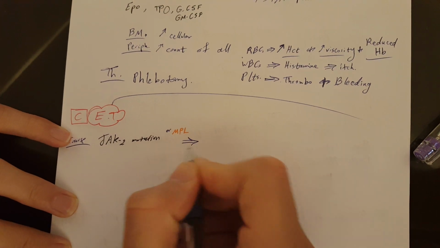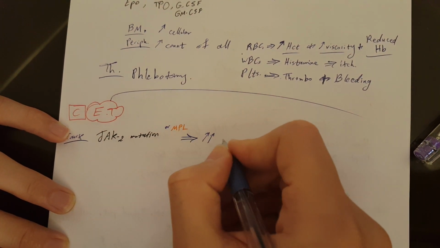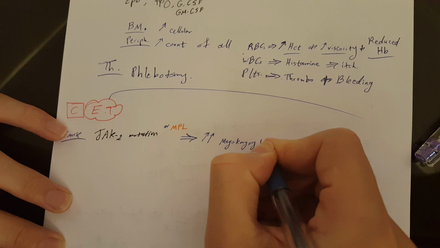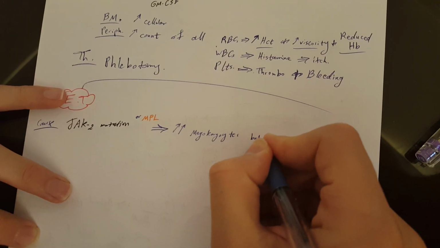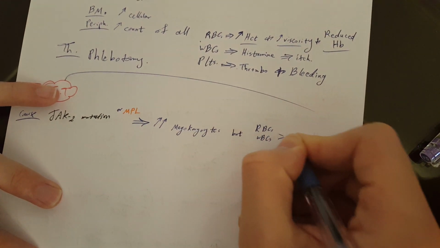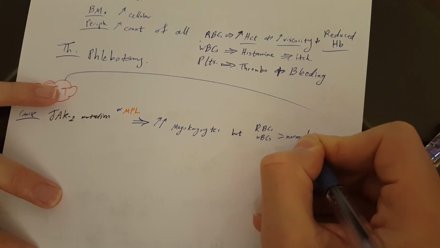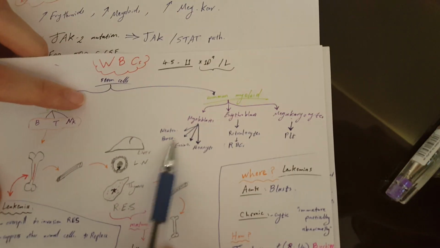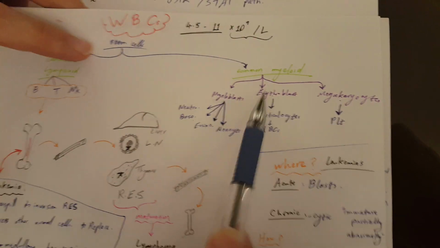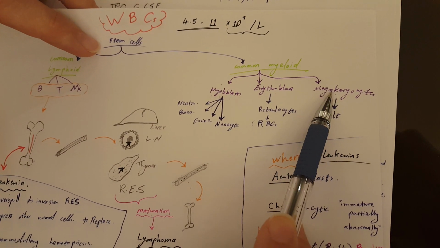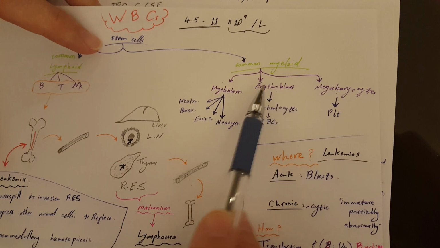Okay, so what does it lead to? As we said, there are excessive megakaryocytes, but the red blood cells and the white blood cells can be normal. Now why is that? Because as the cells develop, you can reach a point where this one is abnormal and there's nothing wrong with these.